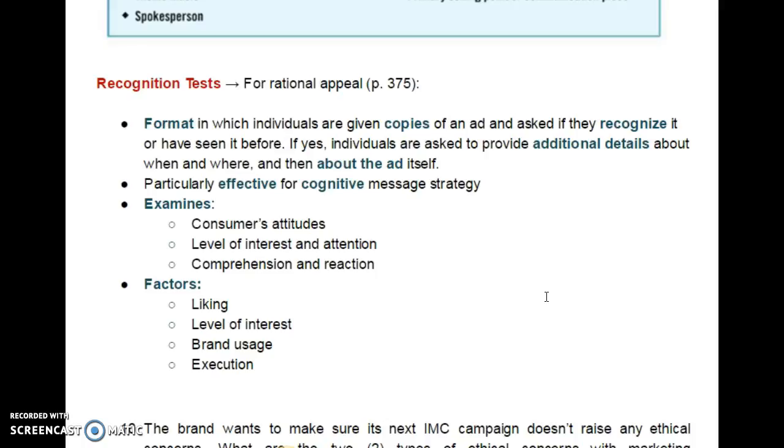If yes, individuals are asked to provide additional details about when and where, and then about the ad itself, particularly effective for cognitive message strategy. Examine consumers' attitudes, level of interest in attention, comprehension, and reaction. Factors: liking, level of interest, brand usage, and execution.